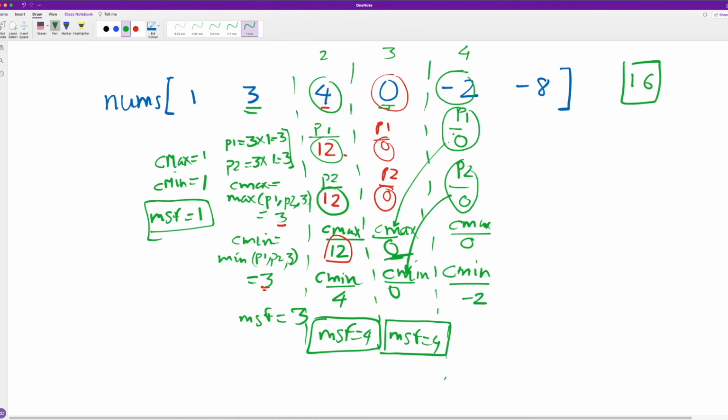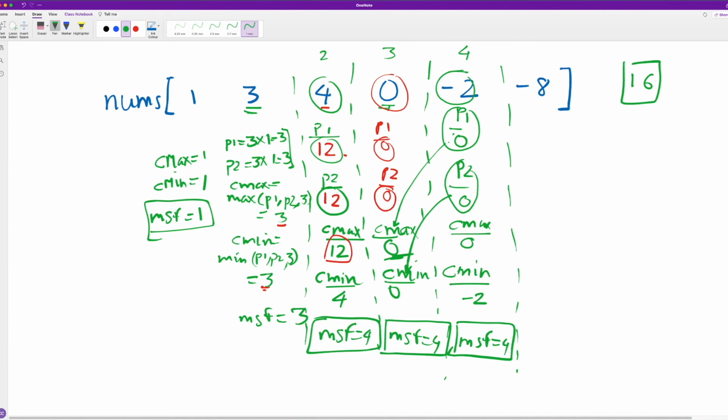If we had not compared this -2, we would have lost it, and we would have gone with a 0, and we would have tried to multiply this -8 with a 0, and our result would have been incorrectly 4. So at this point the max is 0 and our max so far stays the same, which is fine, because 4 is greater than 0. So far it is the largest product that we have calculated.